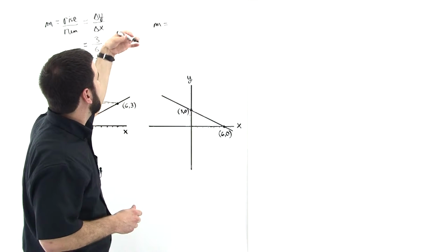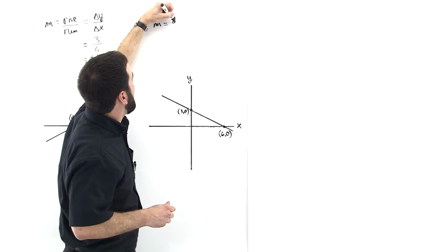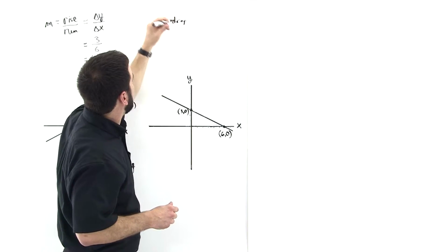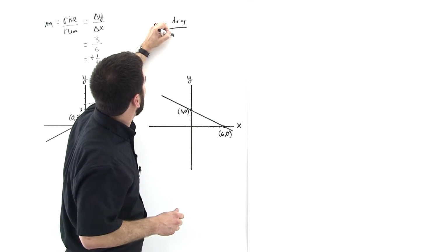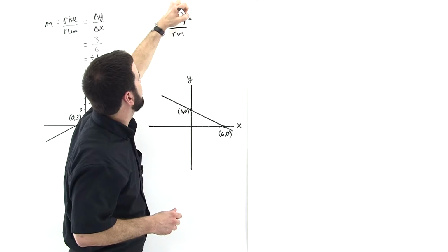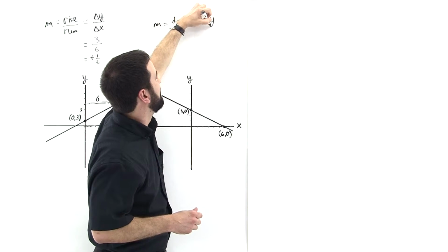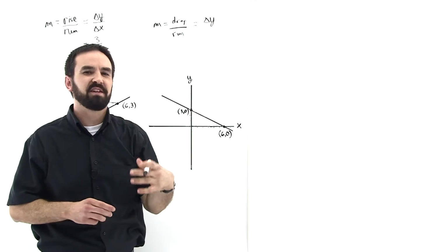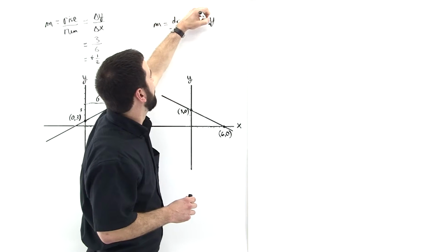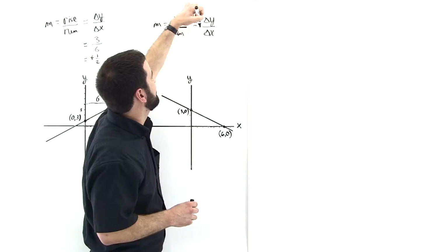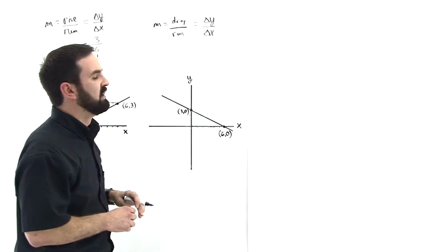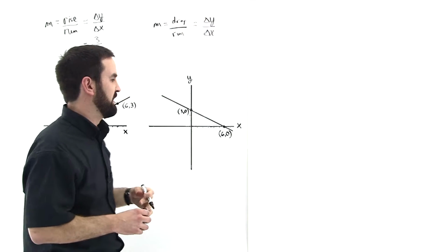So really, we might use the language the drop over the run. And that's why it's so convenient to just say this is equal to the change in y, and that change in y might be positive and it might be negative, divided by the change in x. And so this is just more convenient notation. It's also less writing. It's easier to write down.